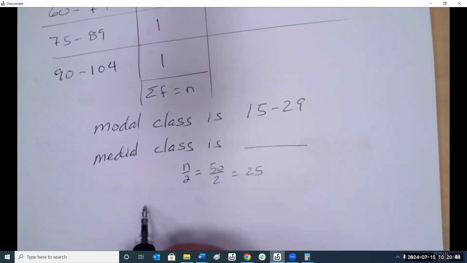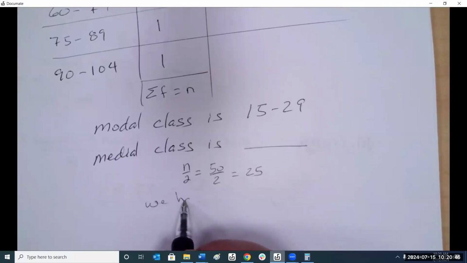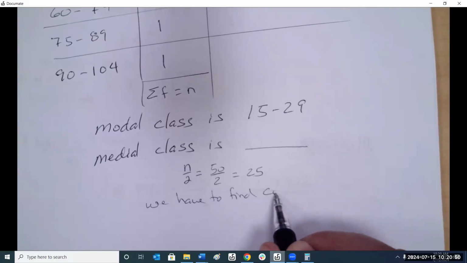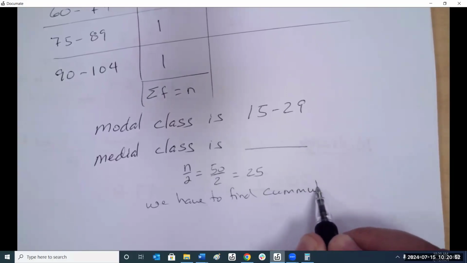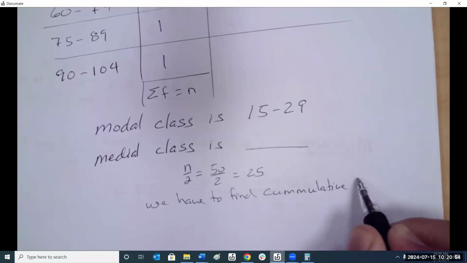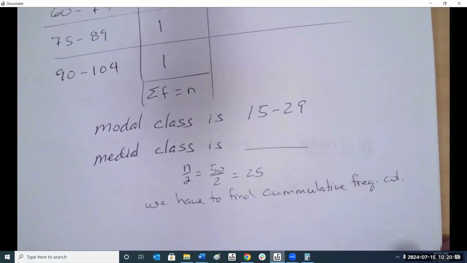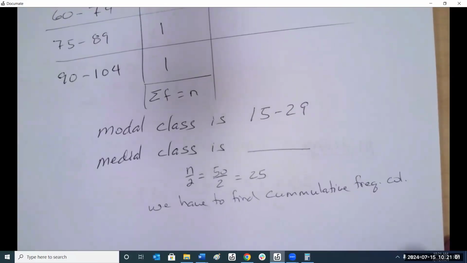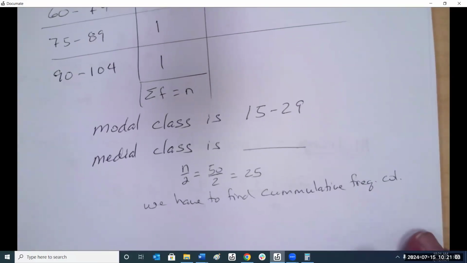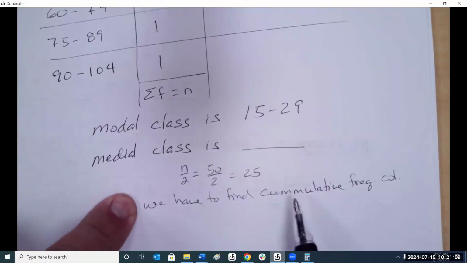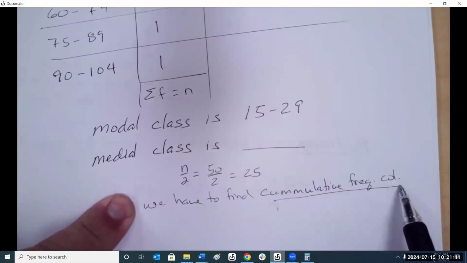So to find the medial class, we have to find the cumulative frequency column. In order to find the medial class, we have to calculate the cumulative frequency column.